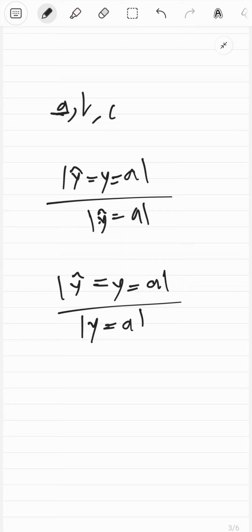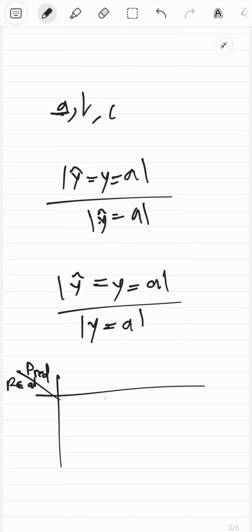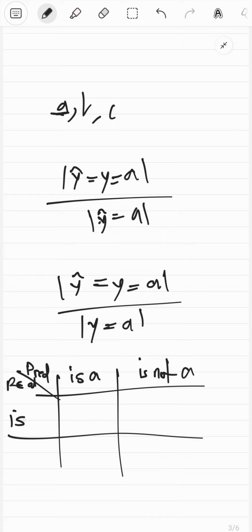Okay, so the confusion matrix is something like this. These are your predictions, and this is the real truth. For a particular class, you either predicted it's that class or you did not, so is A and is not A, and over here as well, it is A and it's not A. In case you predicted that it is A, then you're saying we are positive that it is A, and if that's true, we say it's a true positive.